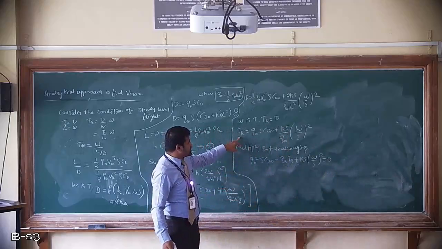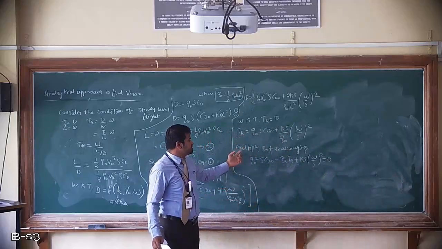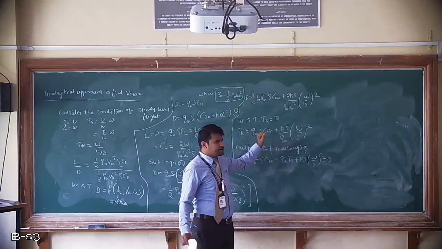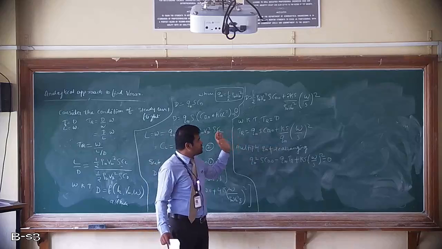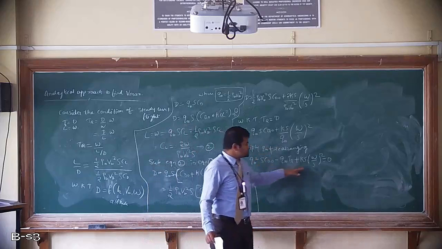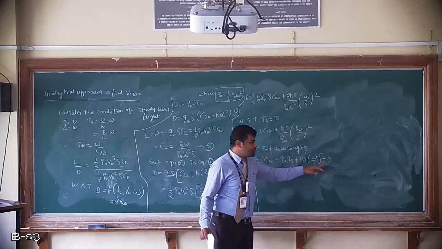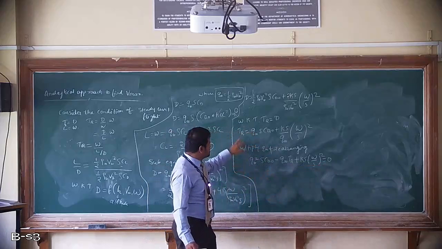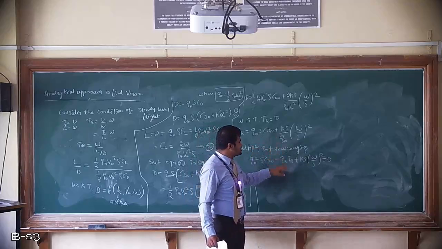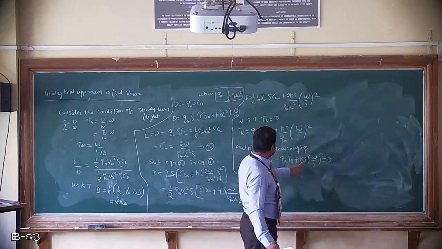For this, you multiply by Q infinity everywhere, here Q infinity and here Q infinity, and then bring all terms to one side, making the equation equal to 0. Then we will get the expression Q infinity square S CD naught minus Q infinity into TR plus Ks multiplied by (W by S) whole square equals 0.